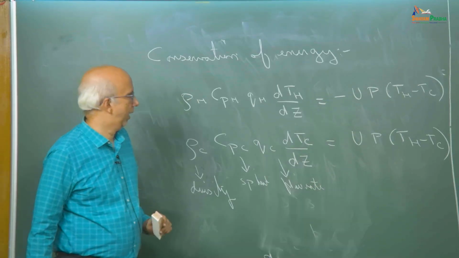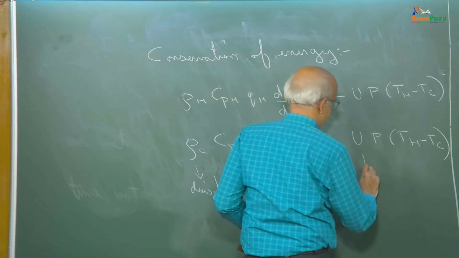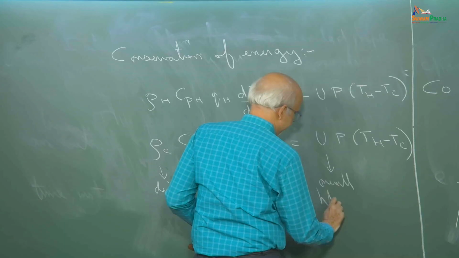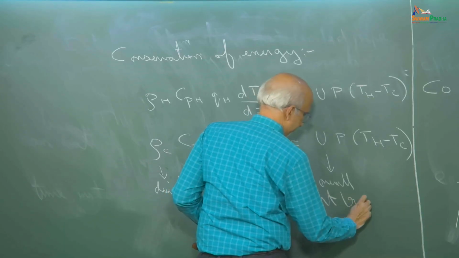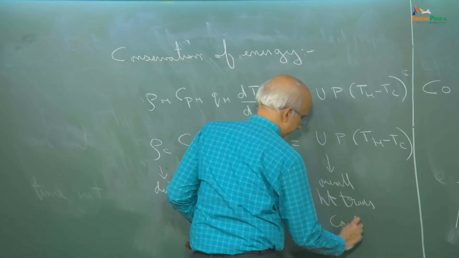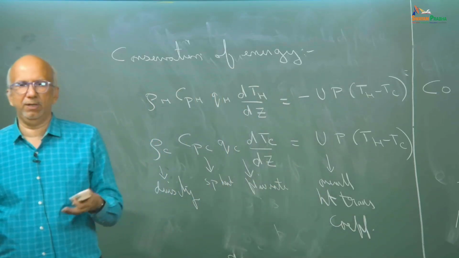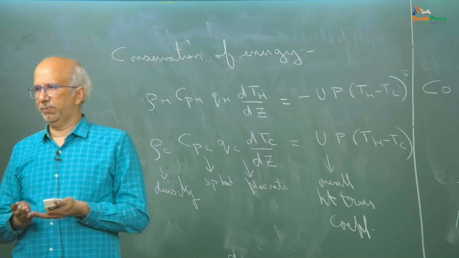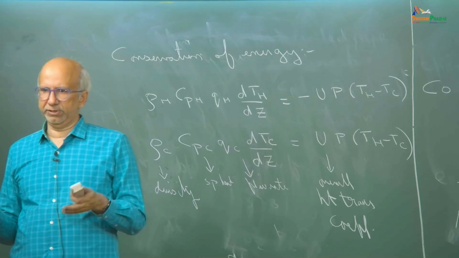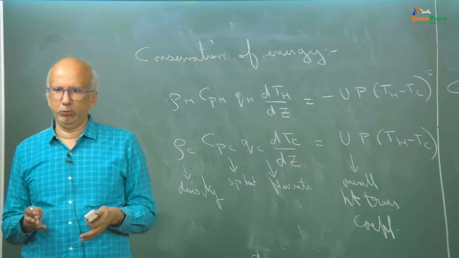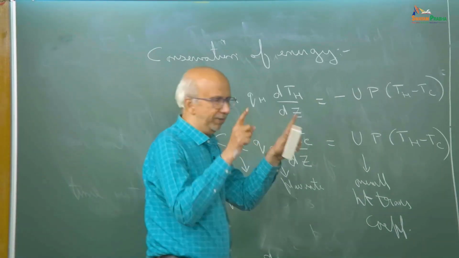U is my overall heat transfer coefficient. Because then overall I am not worried about the thermal conductivity and the resistance of the pipe and all that. There is an overall heat transfer coefficient. The driving force is Th minus Tc. Everything is combined into U. P is the perimeter.